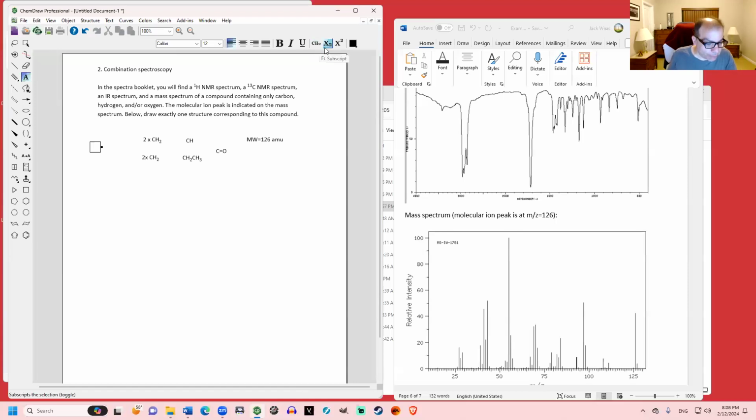Good first guesses at a molecular formula, you might want to remember these, are CXHYO and CXHYO2. So let's pick one. Let's assume the formula is CXHYO.